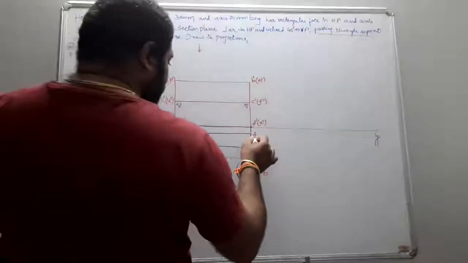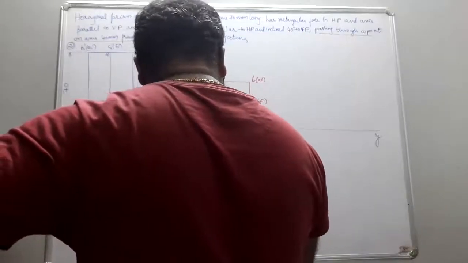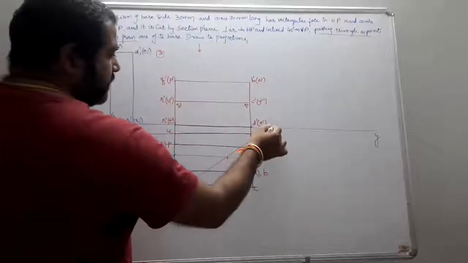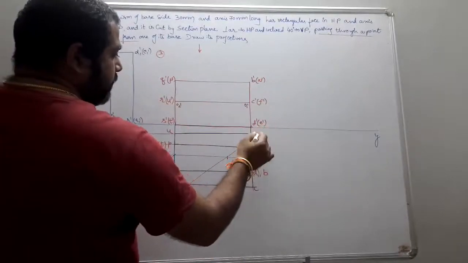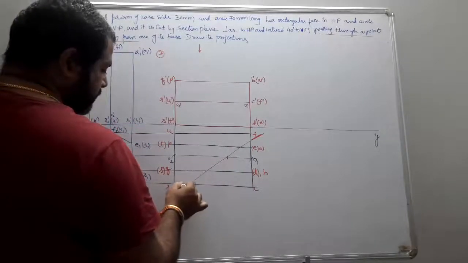If it is inclined 40 degrees to VP, it should pass like this.